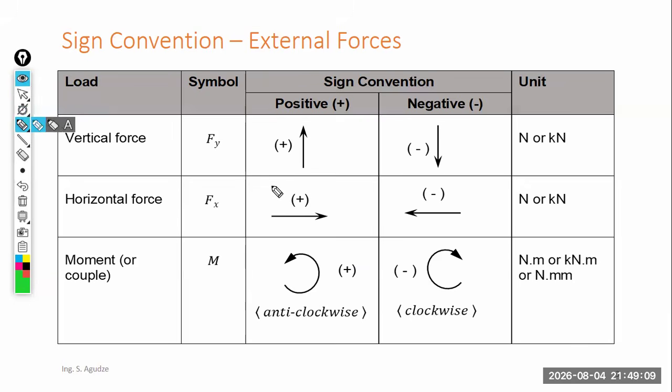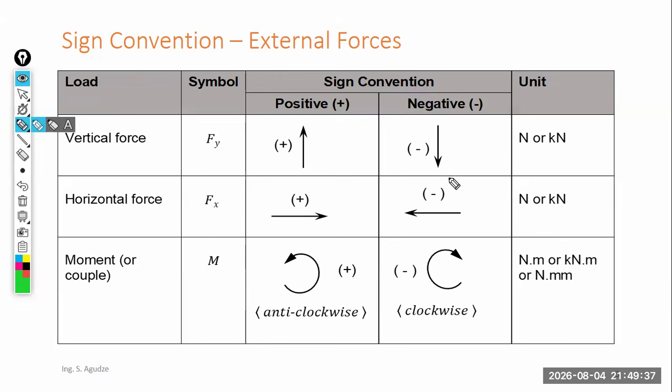So if you have a vertical force like this one, remember, force is a vector quantity, so it has magnitude and direction. So you have a line with the arrow. So if the vertical force is showing upward, right? If it's showing upward, it means positive. And if it is showing downward, negative.